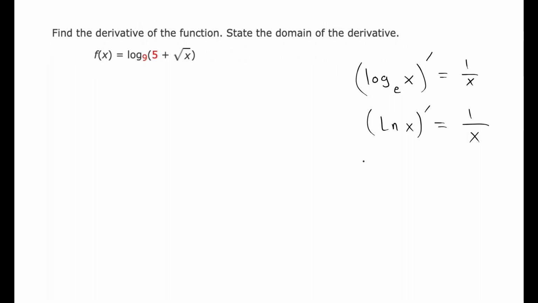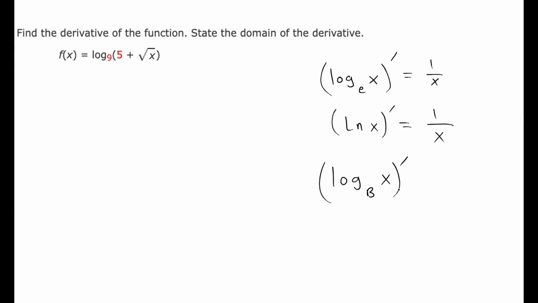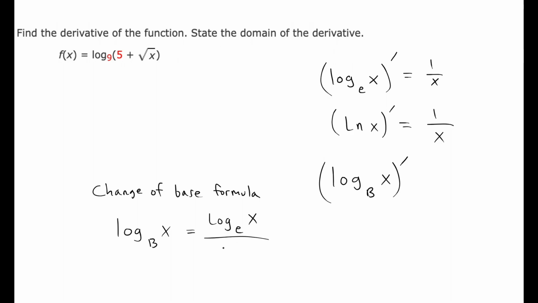So the change of base formula, if we were to apply it in this case, like let's say you had a log of a weird base, and you're trying to find the derivative of that. First thing I would do is use the change of base formula. It says if you're taking a log of an unusual base of a thing, you can rewrite that as a log of a base of your choice, such as e, of that thing, and then divide by log base e of the undesired base.